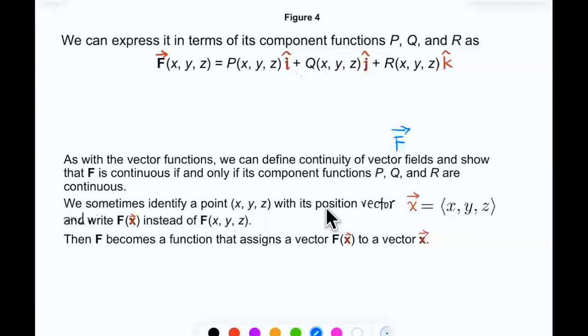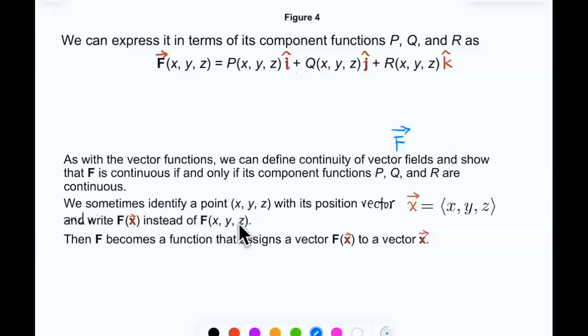So if I identify this point with the position vector, then we say the vector function acting on this x, we can write it this way. So the vector function acting on this position vector x bar.